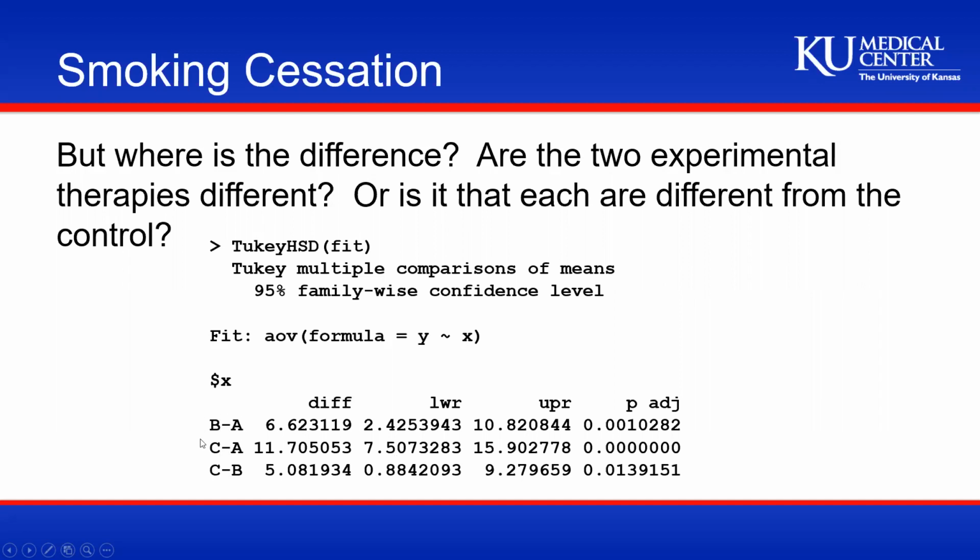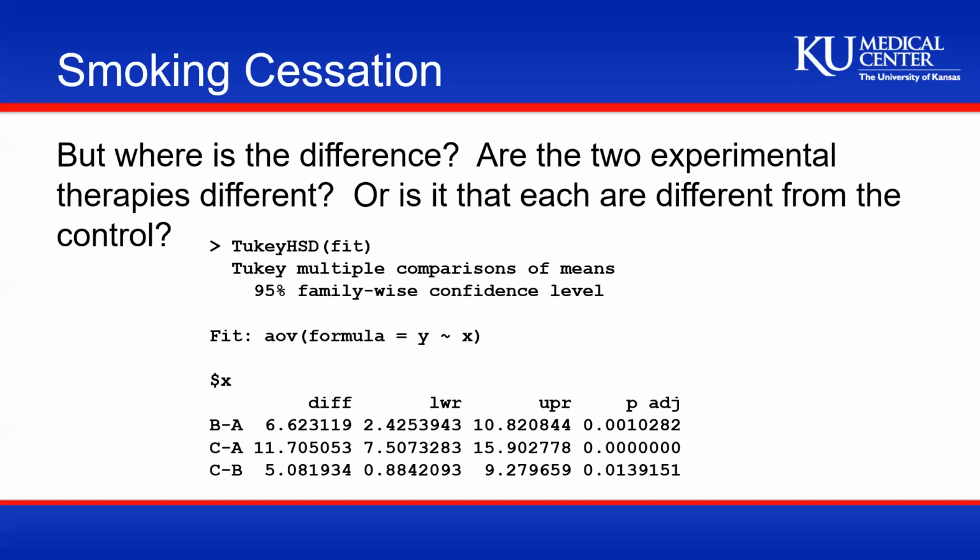The A and B, C and A, and C and B here, this is our output, indicate what the treatment comparison is, and it gives me an estimate of the difference. If I took the average of B minus the average of A, so the average response for individuals receiving behavioral therapy, and subtract from that the average for those receiving the control, the literature, I'm seeing a 6-unit difference.